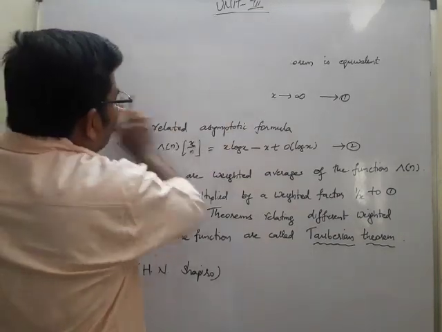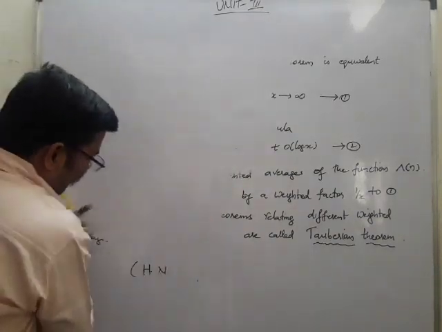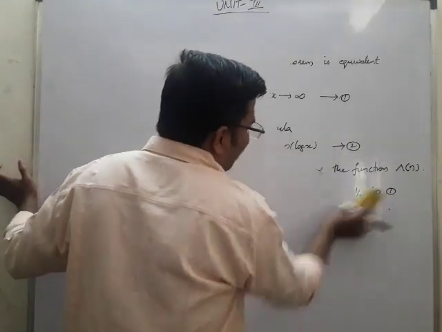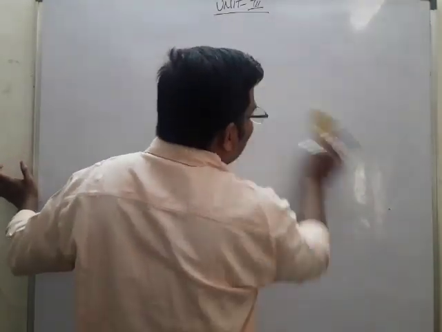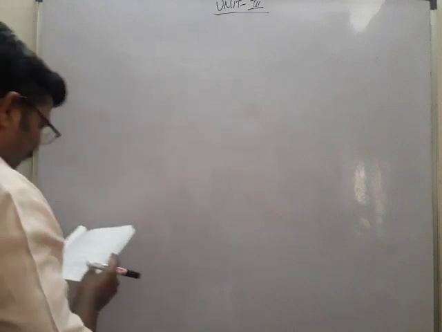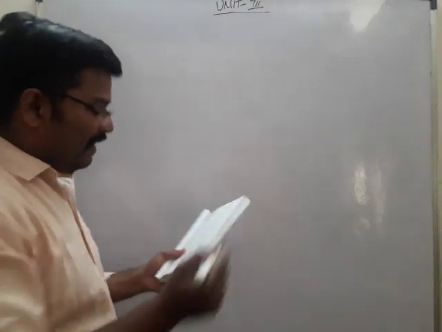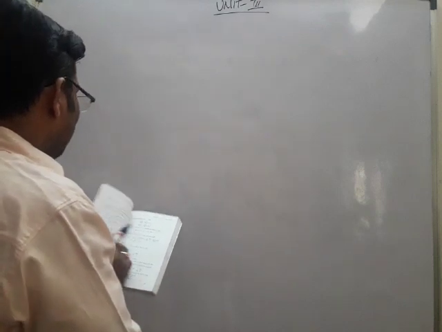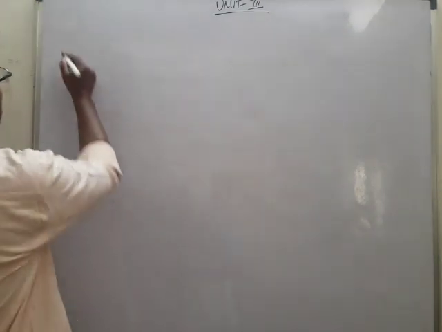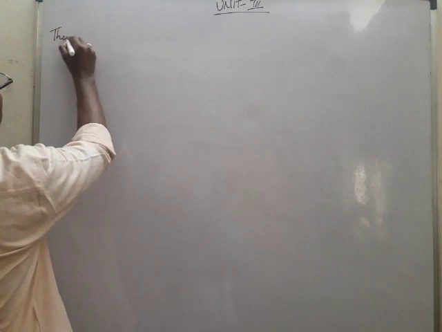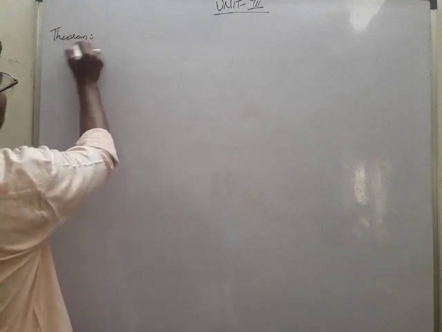First we'll write the Shapiro's theorem statement, and we'll solve each and every concept of this theorem. We have three things to note. Now I'm finding out the theorem. The theorem statement is like this.